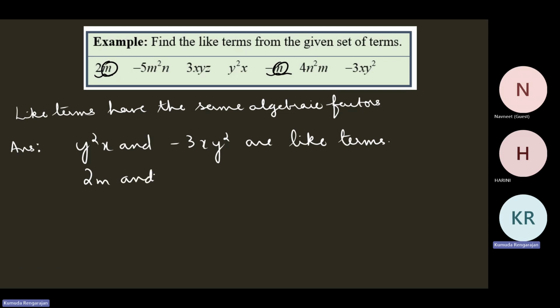We are not worried about the sign or the number. Any sign it can be, plus, minus, any number it can be. It may not have a number also. The algebraic factors, that is the letters, must be exactly the same. So 2m and minus m are like terms.